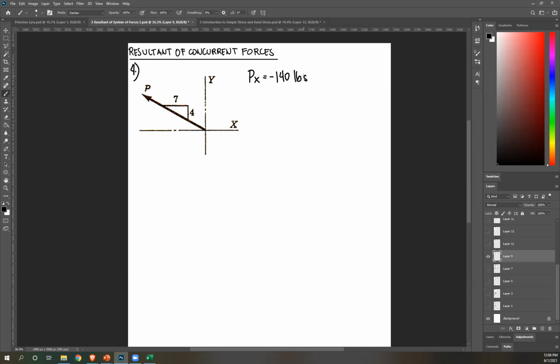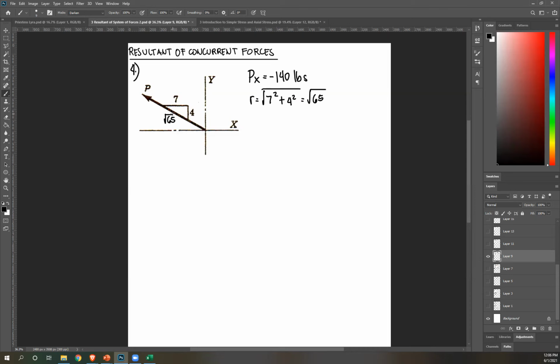Right, now let's solve. So you have this P. We already know how to solve for x and y components, right? If we're given slope. So when we're given slope, first step is to find out the hypotenuse r. To solve for r, recall Pythagorean theorem, square root of 7 squared plus 4 squared, and that is just square root of 65. So this is square root of 65.